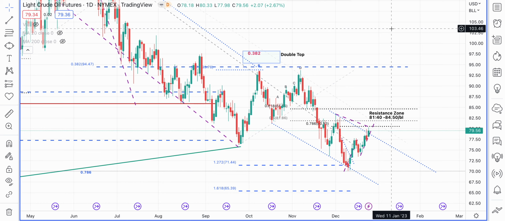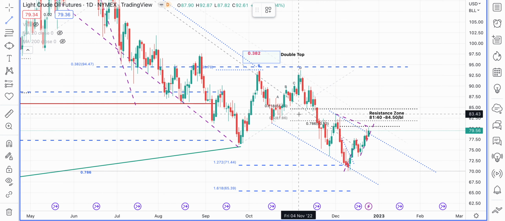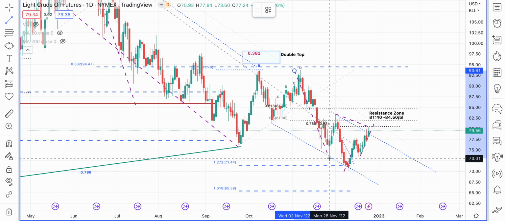So in that case, we are just going to have a look at the ABCD formation. We take this, let's clone this, and let's see if we get any downside targets. Around 63.74, which will be forming kind of a double bottom with the lows seen at the beginning of the year.